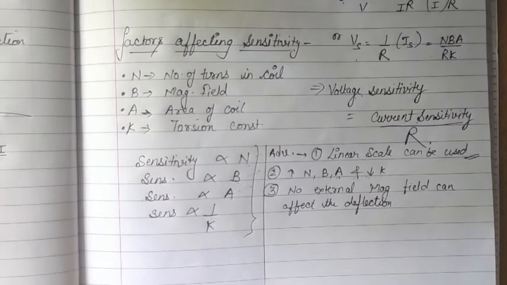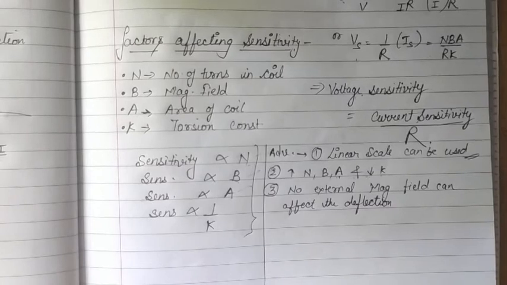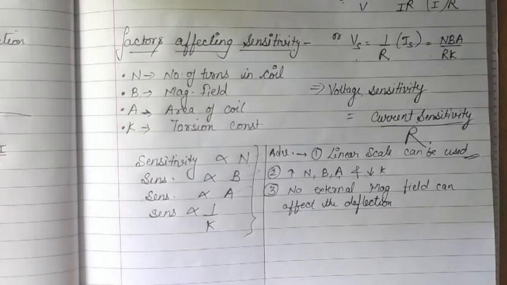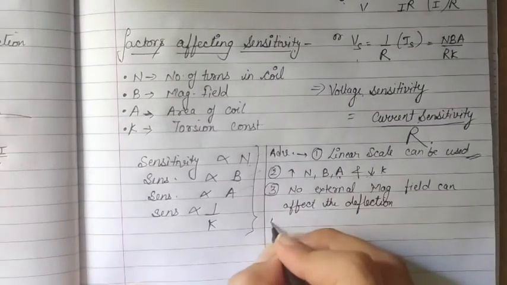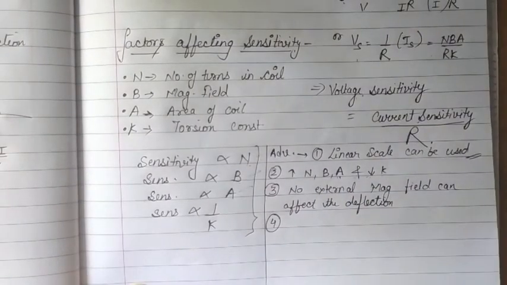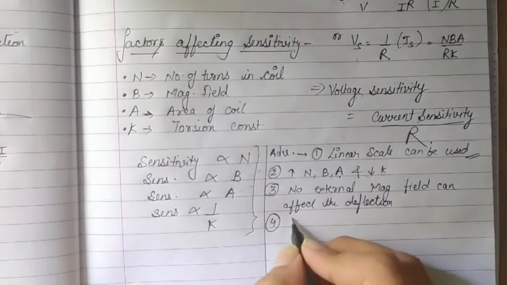And the last thing is that the coil is wound over a metallic frame, and because of that, eddy currents are produced in the frame and bring the coil to rest quickly. That means the coil comes to rest suddenly whenever the current stops.